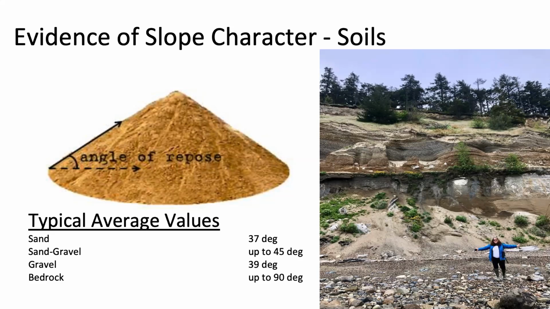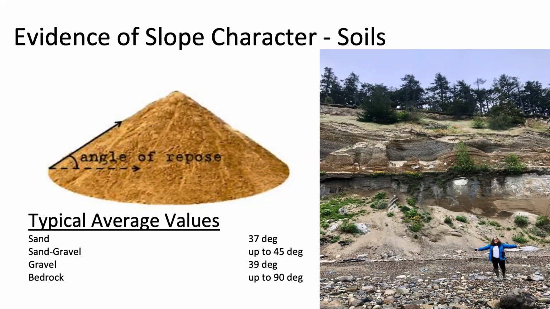It's a helpful characteristic because you can infer some good information just by seeing what that soil looks like. If you have a big cut slope like you see in the photo on the right, it's probably something you experimented with in the sandbox when you were little, piling up sand or dirt or gravel. There are lots of empirical values for this, and there's a short list on the slide. A quick Google search will give you a lot of information.